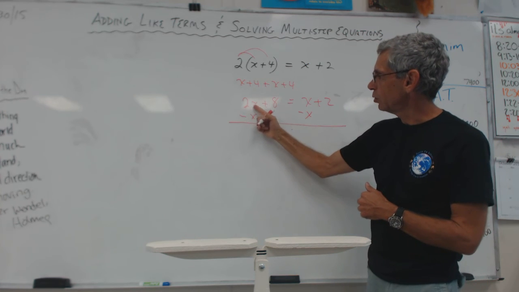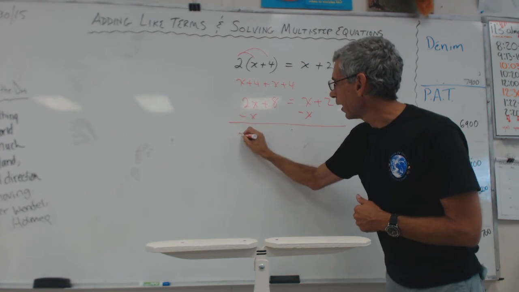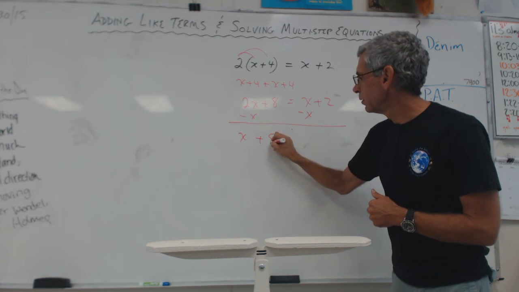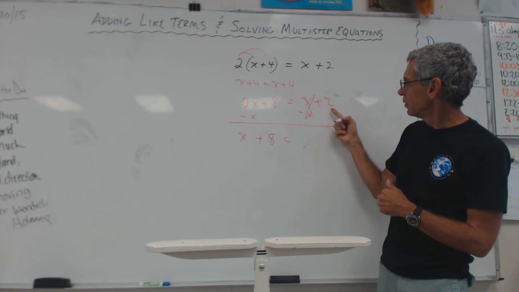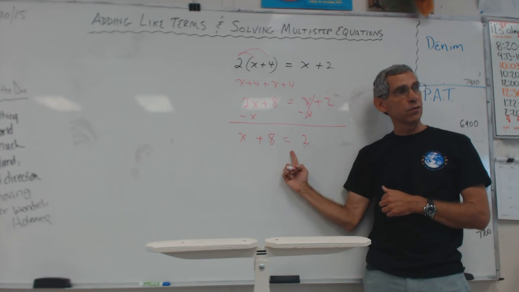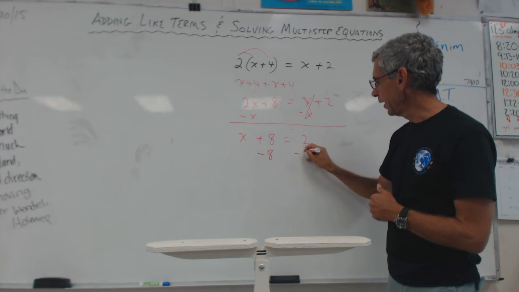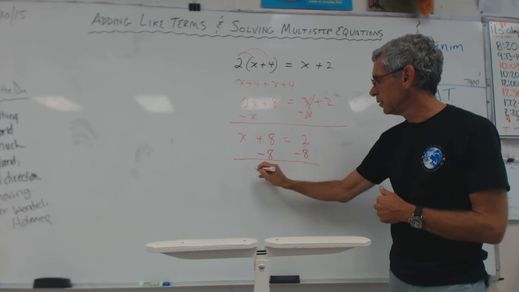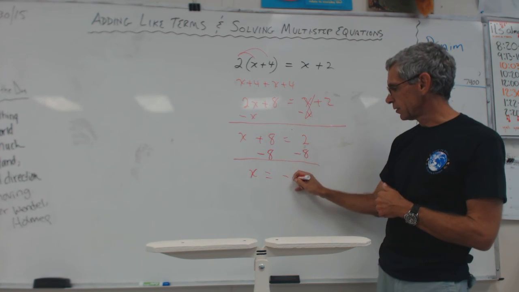So that gives me 2 x's minus 1x is x. X plus 8 equals, those cross out, right? So then 2. And then I want to say x equals. So I'm going to get rid of the 8. Get rid of the 8. Draw my line. X is equal to negative 6.